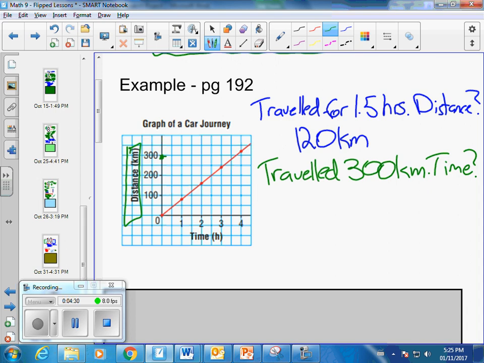Now I'm going to go ahead and drag this across and see at what point I intersect the line. So I intersect the line in between two of our little grids right here. I'm going to try and draw my best and straightest line right down into the middle there.